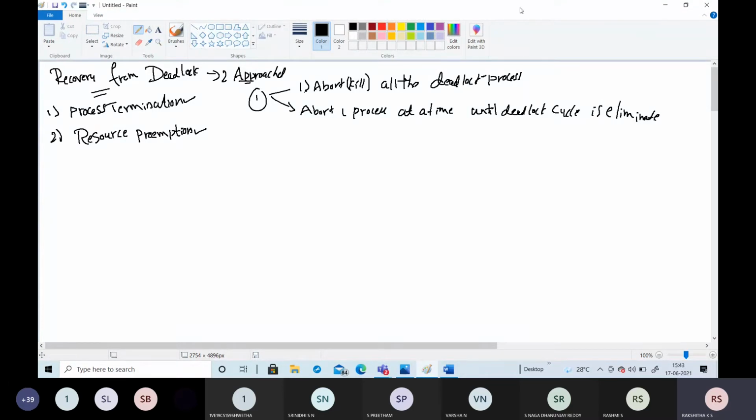Okay, so these are the two different sub techniques. First one is kill all the deadlock processes. For example, let me take P0, P1 and P2, three different processes.